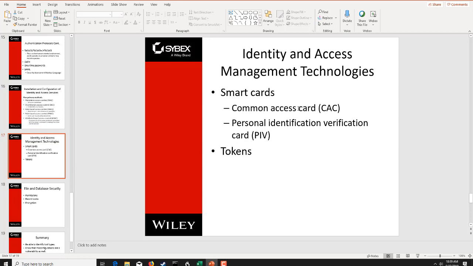So identity and access management technologies, we talked a little bit about this before. This is what's used in multi-factor authentication makeup. So smart cards or pass cards. RSA is a really good one, but you can even make your smartphone a smart card.